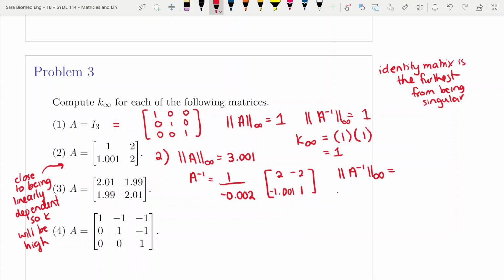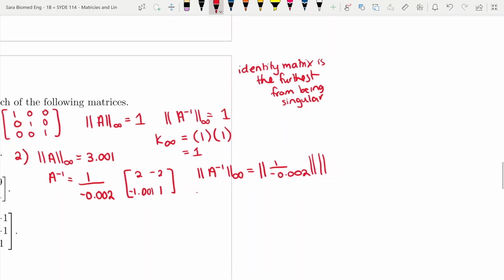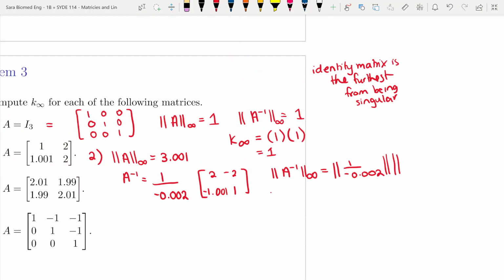Now we're looking at this matrix over here. Because this is a scalar multiplied matrix, we can use property number 2. So let's take the absolute value of negative 0.002 multiplied by the inf norm of this matrix. The inf norm of this matrix is the absolute value of 2 plus the absolute value of negative 2, so it's 4.